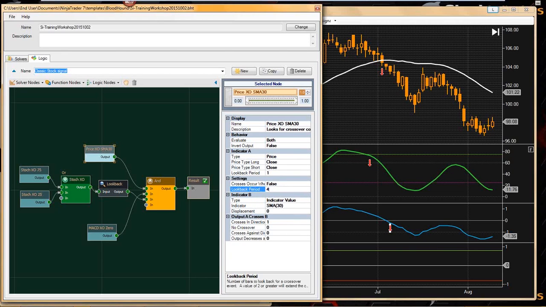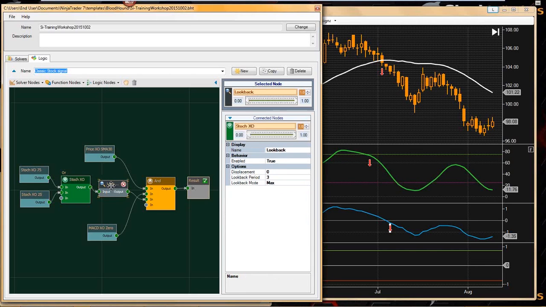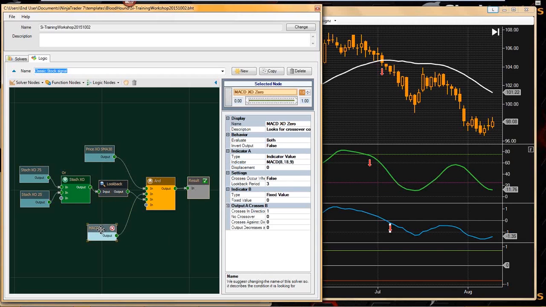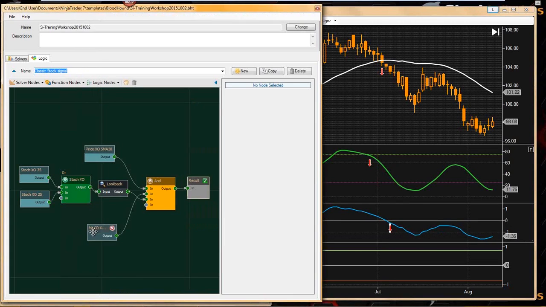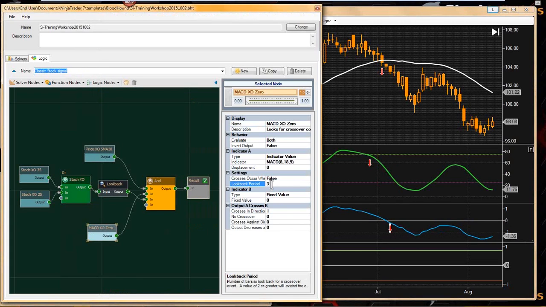So let's change this to 4. We'll go to our lookback node, change that to 4, and since our MACD is always the last one to kind of fire off, I don't think we need to change our MACD lookback.